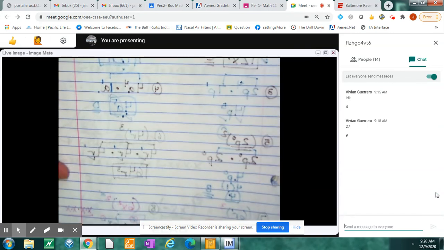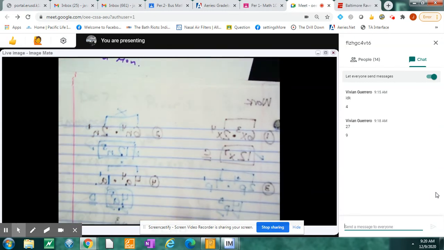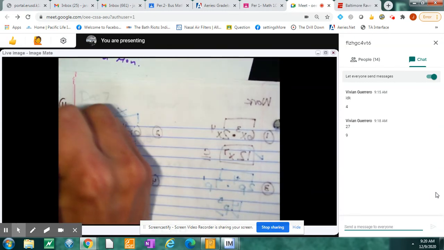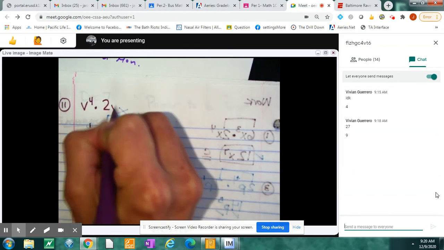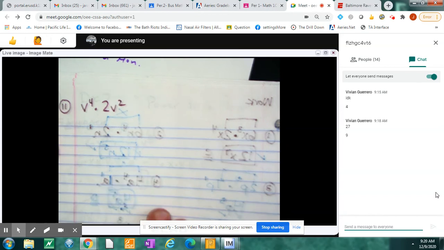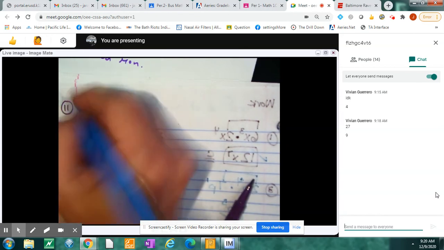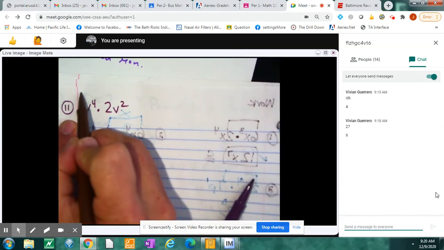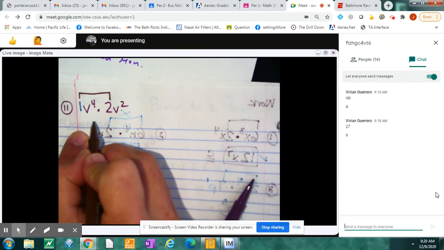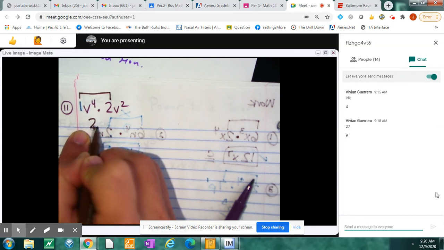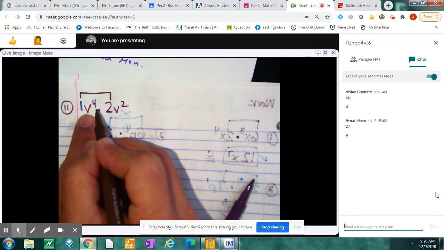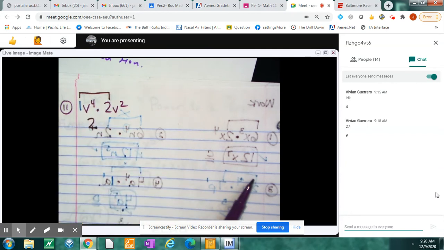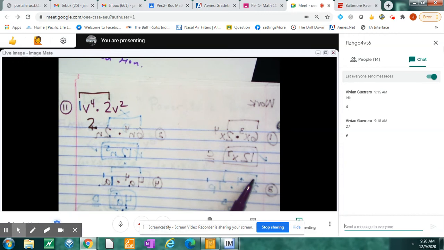Now number 11. Go ahead and do number 11. 11 is v to the fourth times 2v squared. So here we have a 1. 1 times 2 is 2, right? And then how many v's do you have? The little number. Remember, Vivian, you don't multiply, you're basically adding them.